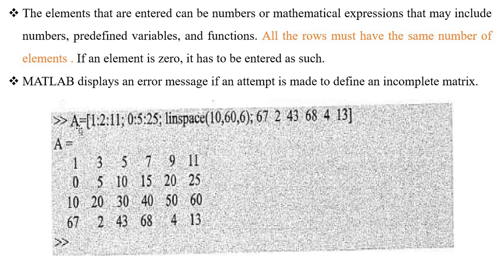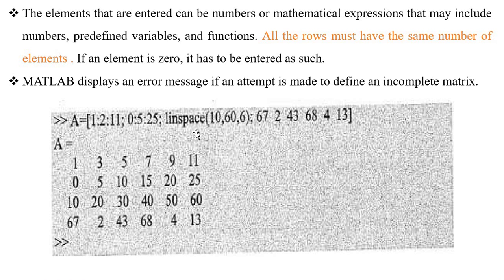So like that, we are defining matrix A equal to first 1 colon 2 colon 11. That is the constant spacing format we are using, started with 1 and ending with 11 with a difference of 2. In the first row we are creating. The second row is created by starting with 0, ending with 25 and difference spacing is 5.